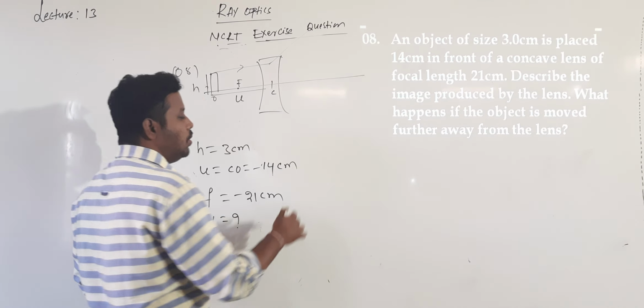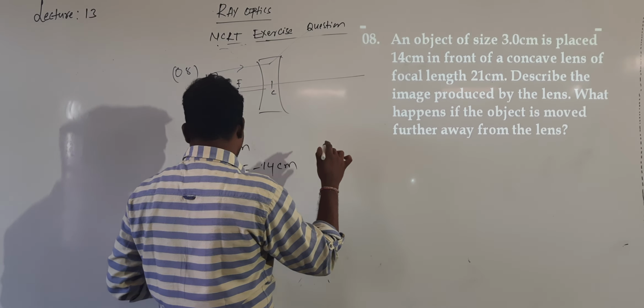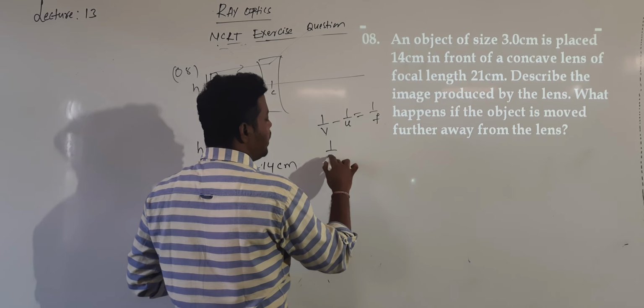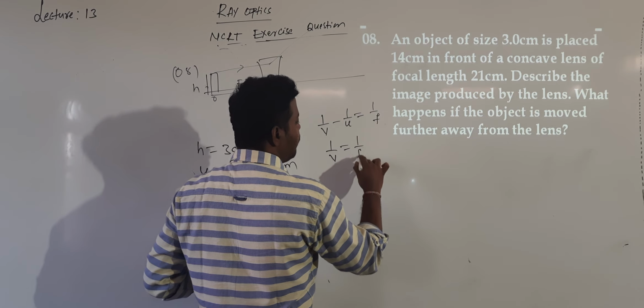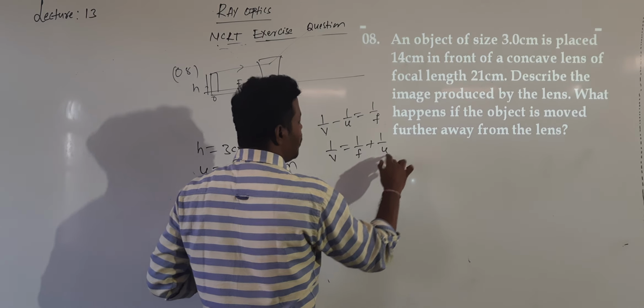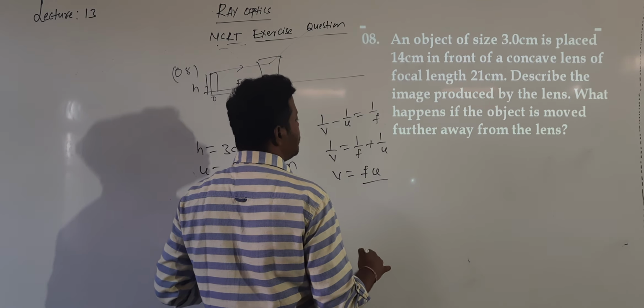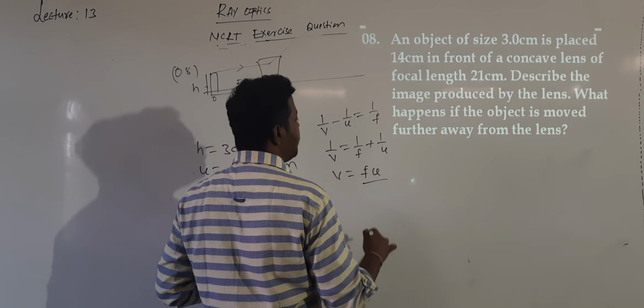First let me calculate the distance of the image. To calculate the distance of the image, lens formula 1 by V minus 1 by U is equal to 1 by F. So 1 by V value is 1 by F plus 1 by U. What will I get as the answer for V? V is equal to F into U divided by U plus F. If I substitute the values, what will I get?